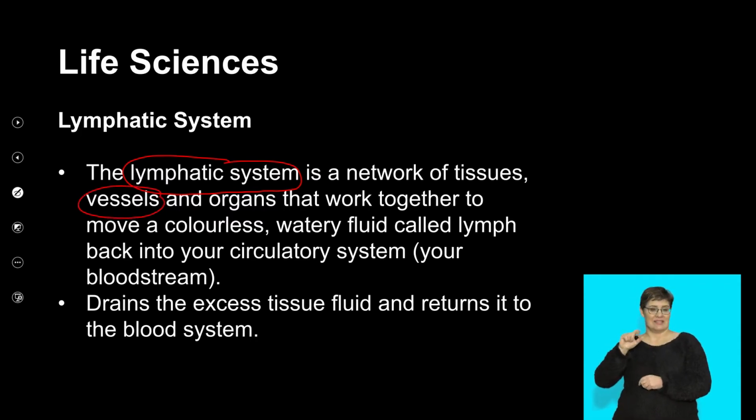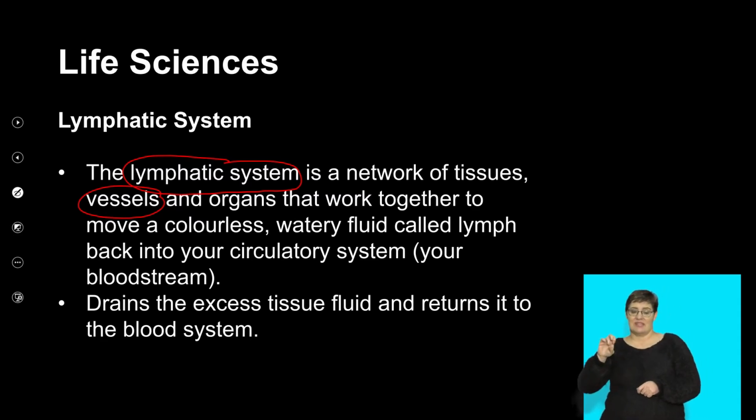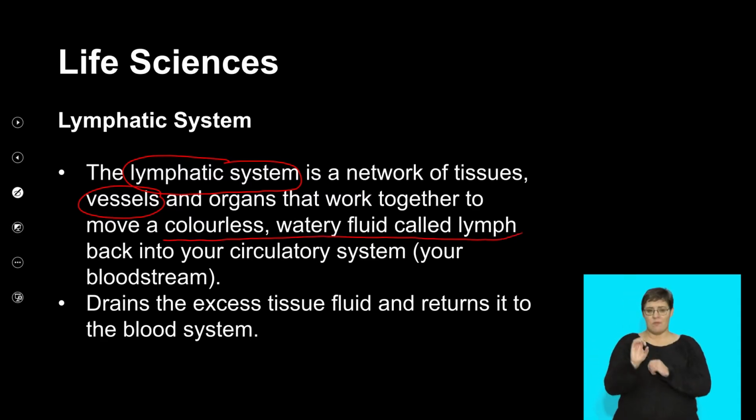So it's going to be very similar to blood. It's not going to be blood vessels, they're going to be lymph vessels, but it's also this network of tubes. Now, most importantly, they're going to carry a substance called lymph.